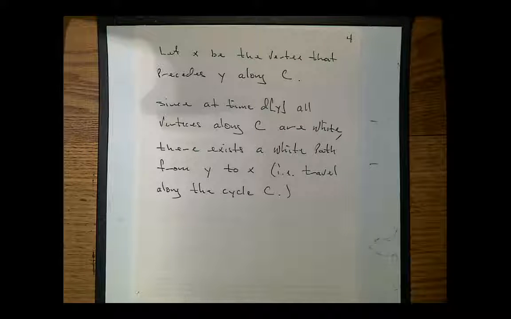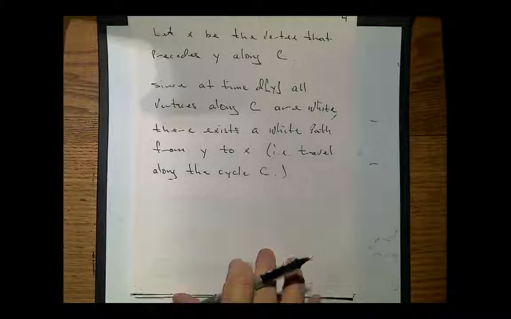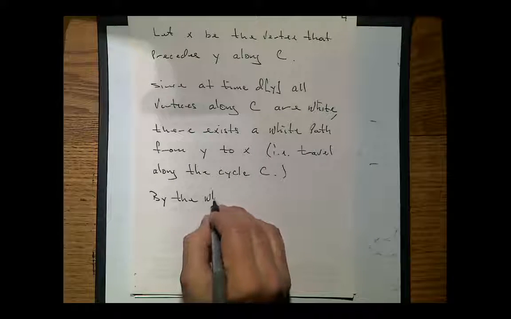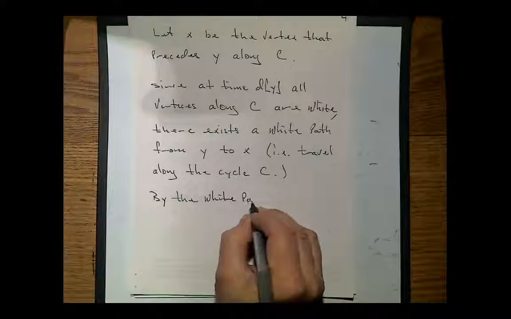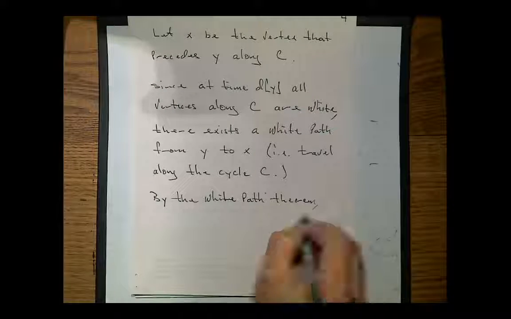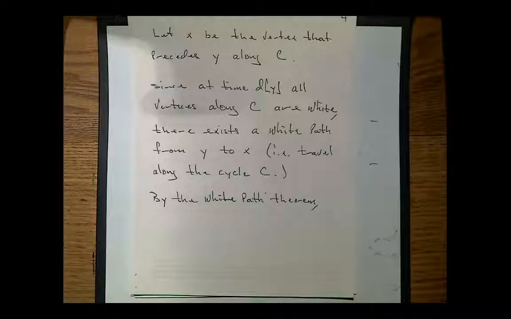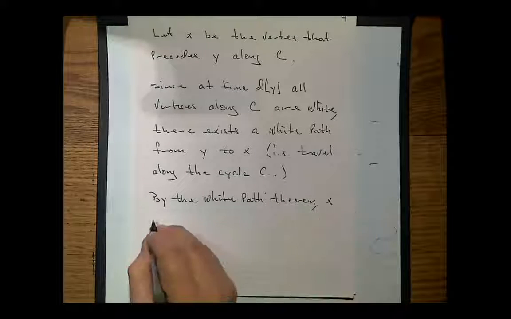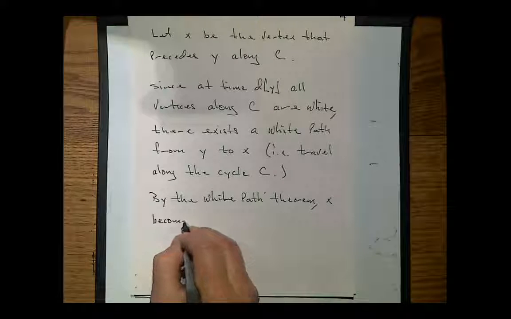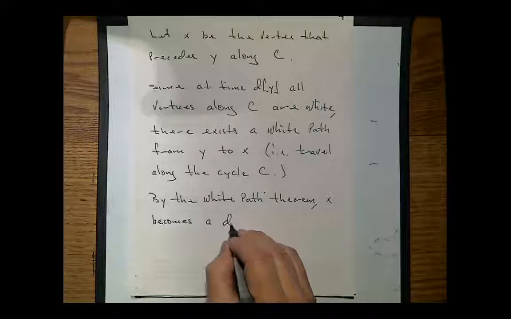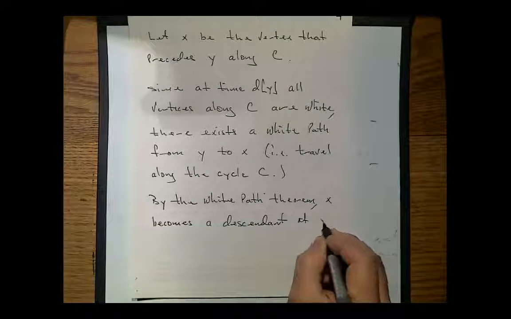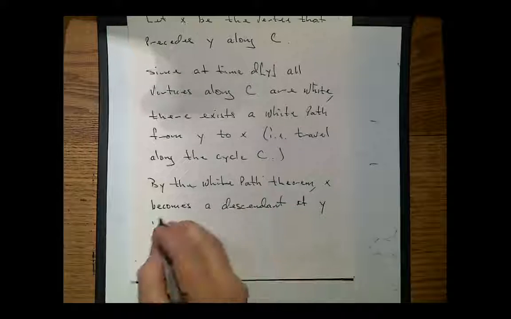That's exactly the hypothesis of the white path theorem. By the white path theorem, X becomes, by the time DFS is over, a descendant of Y in some DFS tree.